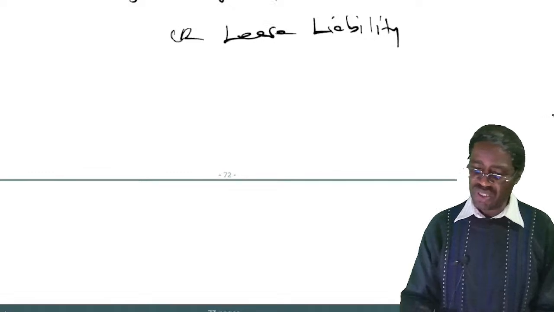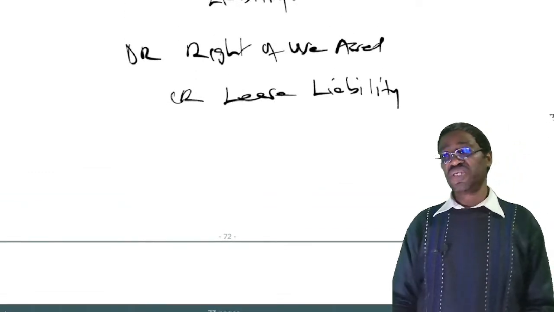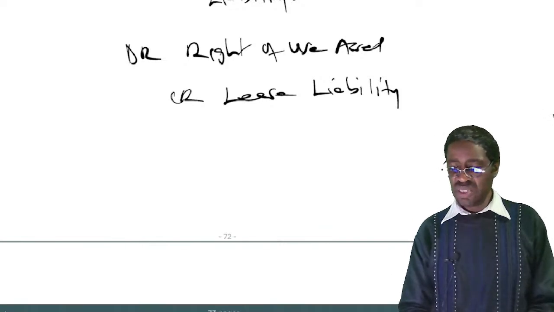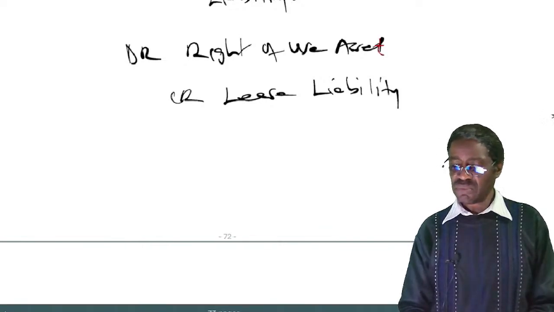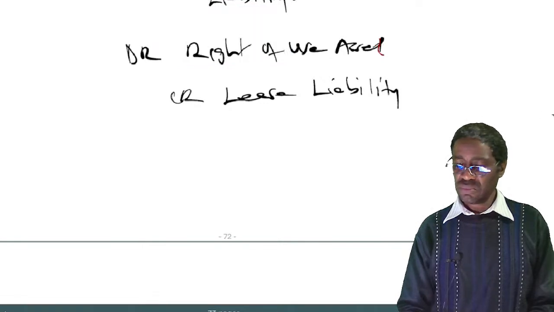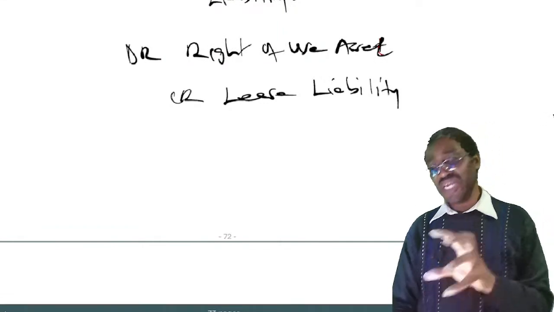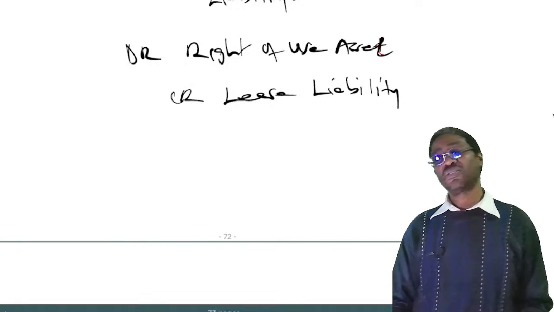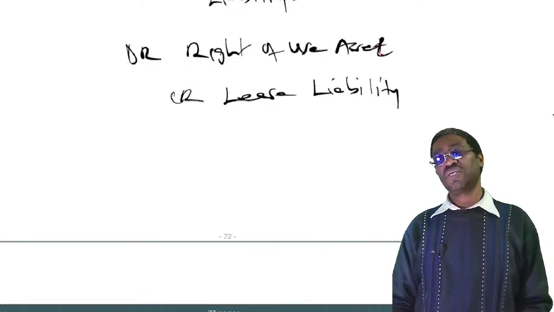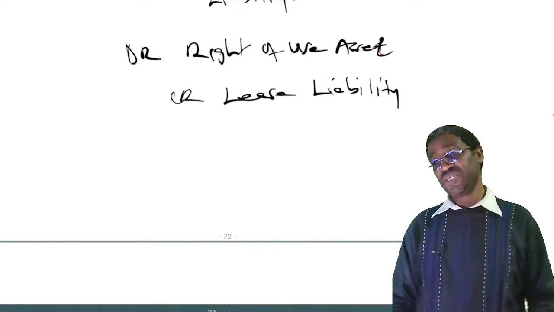Then you can put down this double entry. Just copy this double entry: you debit right of use asset and you credit lease liability.